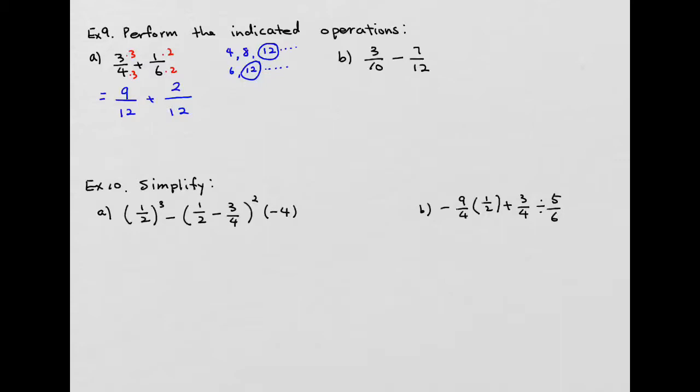So once you find the same denominator, then make equivalent fractions by multiplying by the same number on the numerator. Then add or subtract whatever you need to do on the numerator. So 9 plus 2 is 11 over 12.